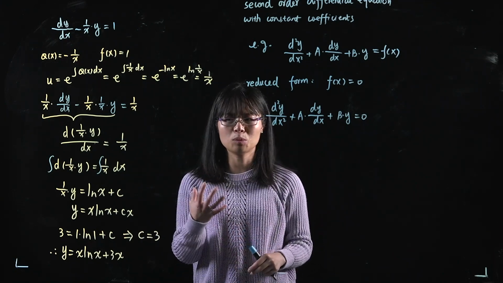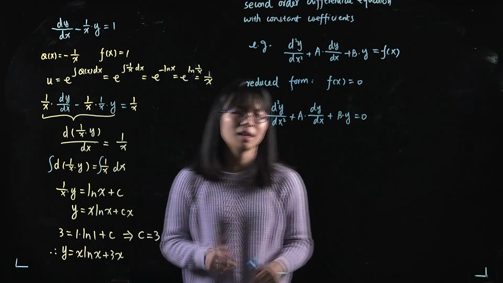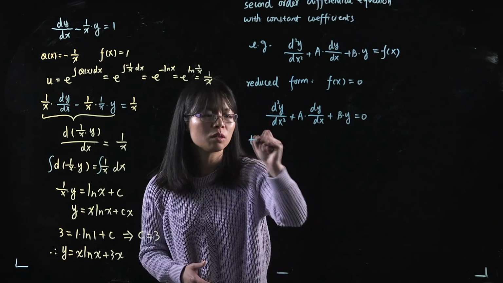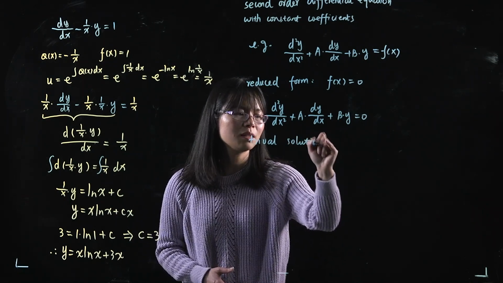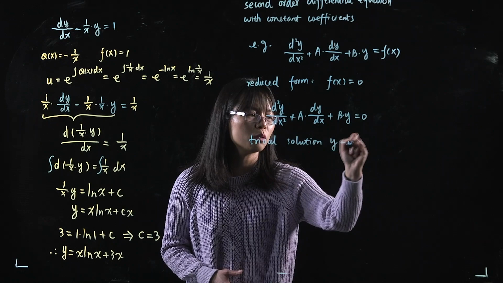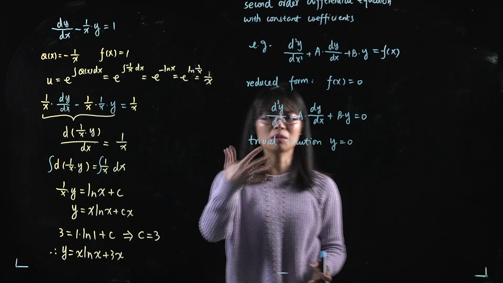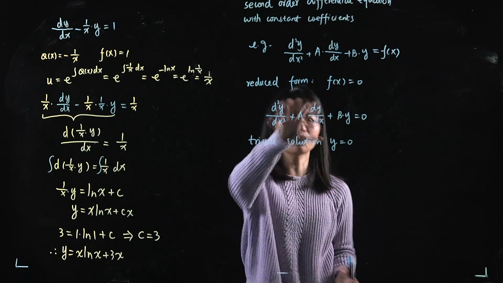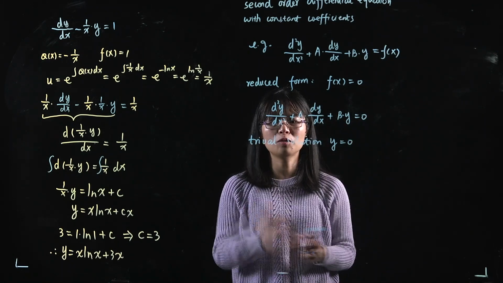One strategy is to try to guess a good solution for that. And one trivial solution, you can actually see, is if y equals 0, then no matter how many orders of differentiation I conduct, it will give me 0 for every single term on the left-hand side, and the right-hand side gives me 0 for sure.